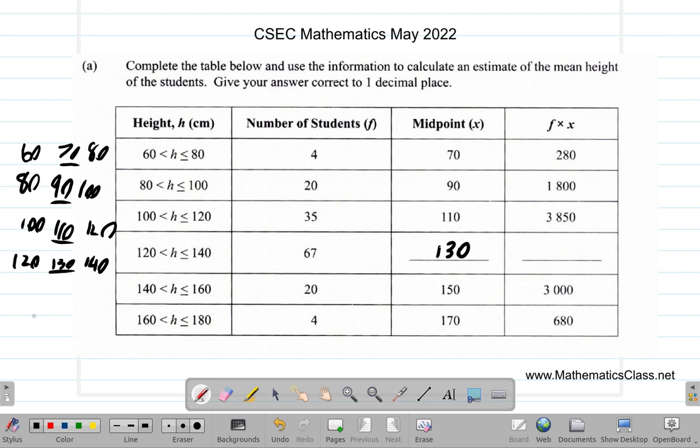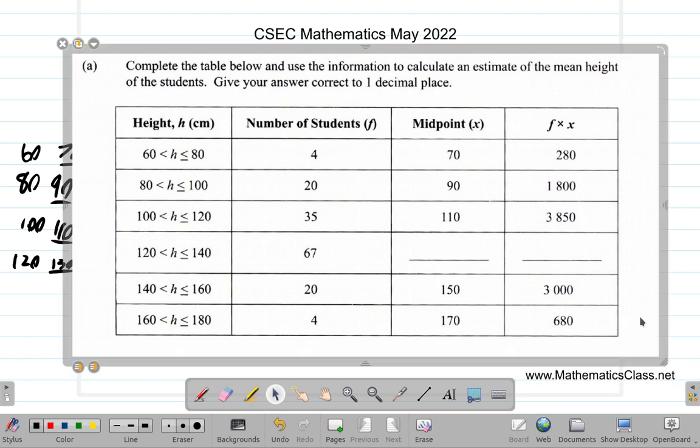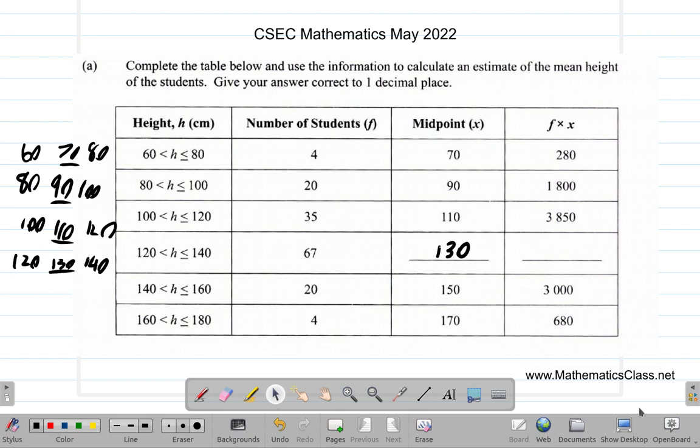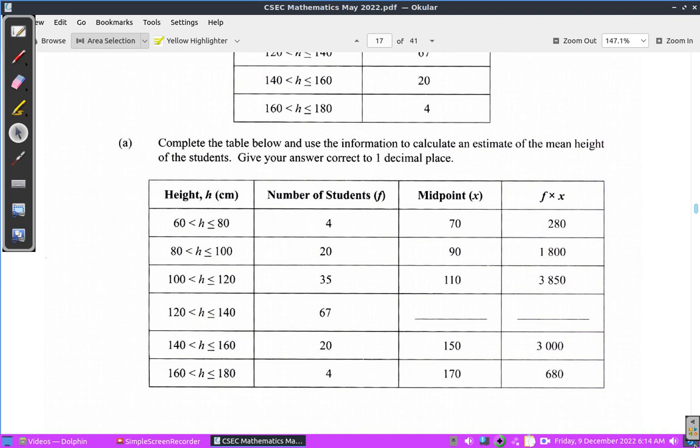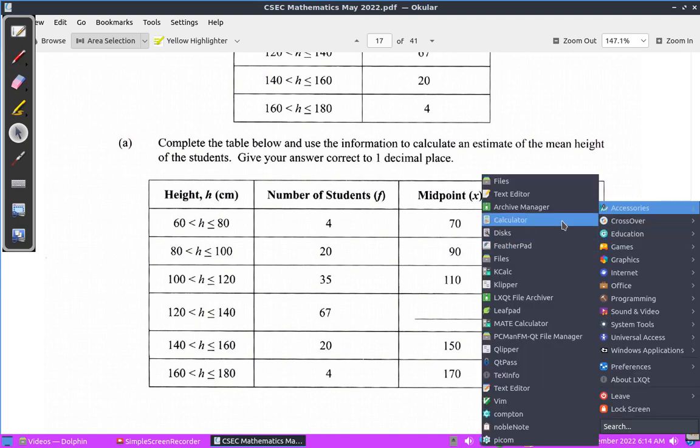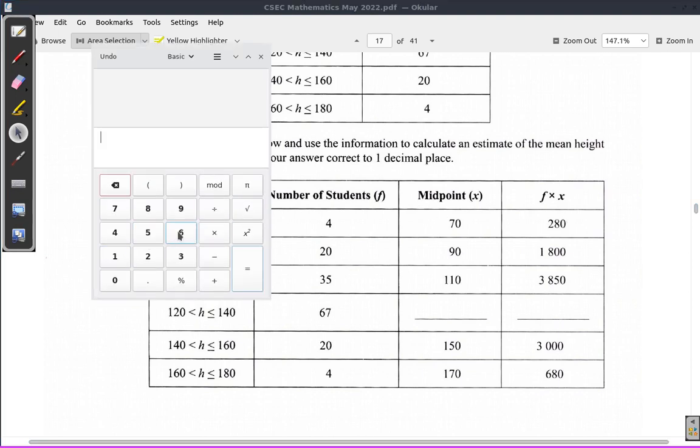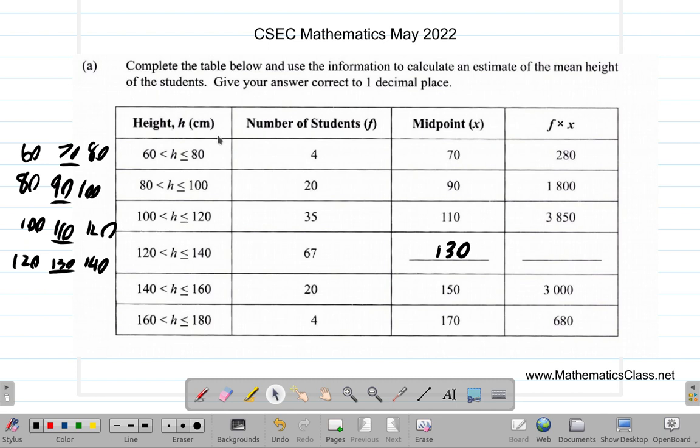You should know how to work it out without a calculator, but let's save some time and use the calculator. 67 times 130 equals 8,710.